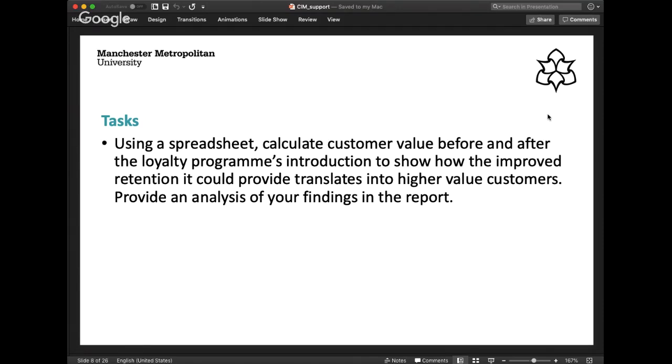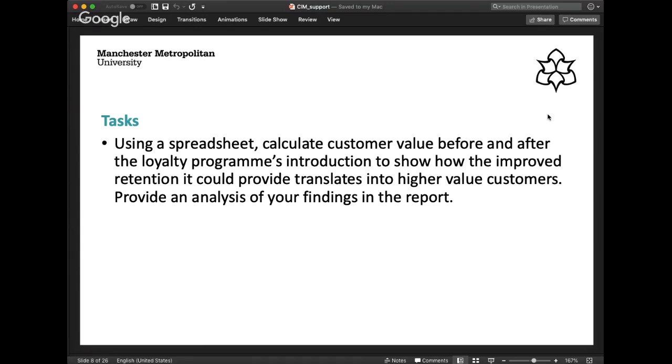And using a spreadsheet, because this is the way we've taught you how to do it, we want you to calculate the customer value before and after you've introduced this loyalty program, so you can see the improved retention that it will translate to a higher value customer. Okay, so you really need to think about that carefully, because what you are looking for is to introduce a loyalty program with the costs associated to it that will still improve the customer value.